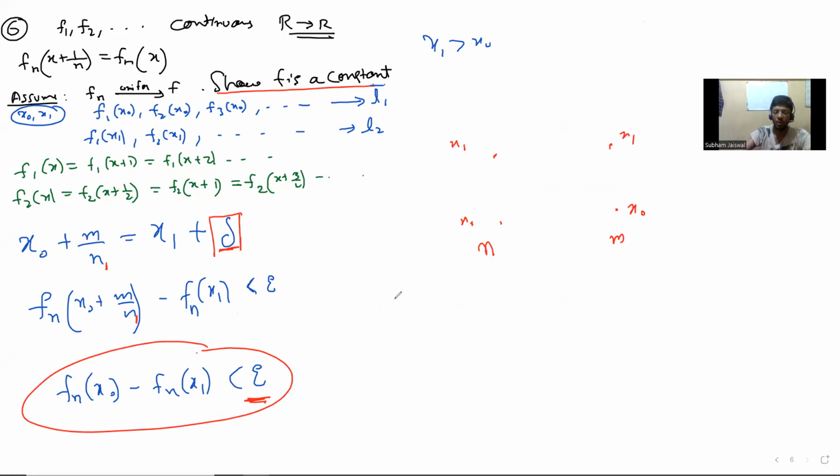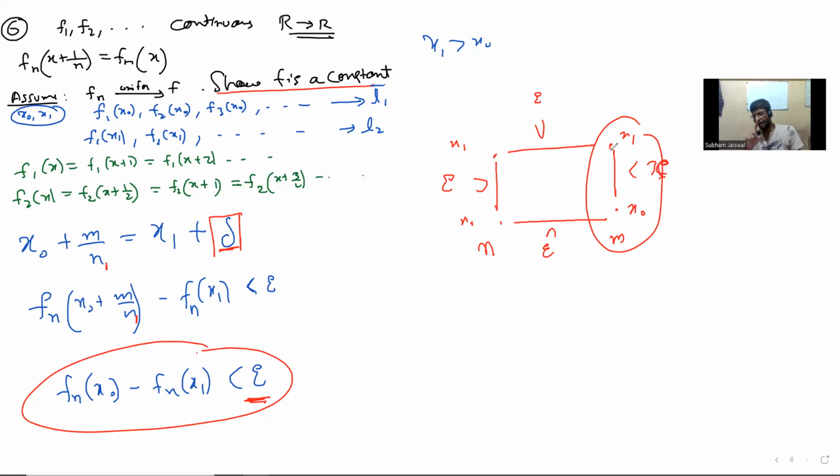Right. What you want to say is that this gap, you want to make it small because you have shown that this gap is small, right? And you know that this gap can obviously be made small because the fn are uniformly convergent. So fn and fm at a particular point will be close to each other. And this also. And so this will be less than 3 epsilon at most. You can show it, and then you're done, because this will really work for all m. It doesn't really depend on it.